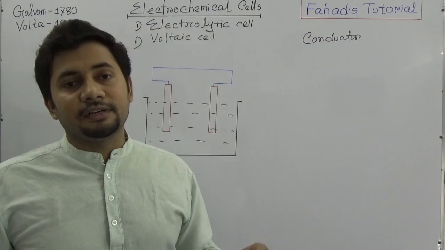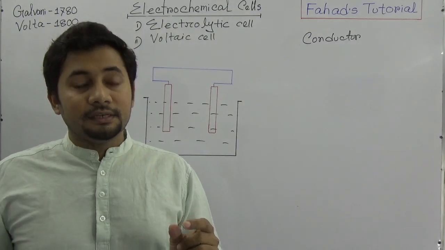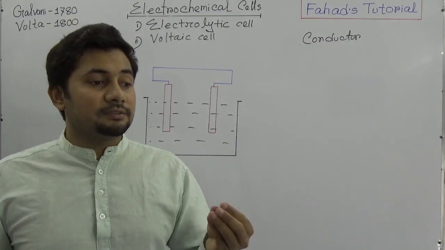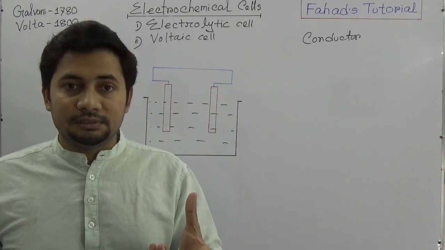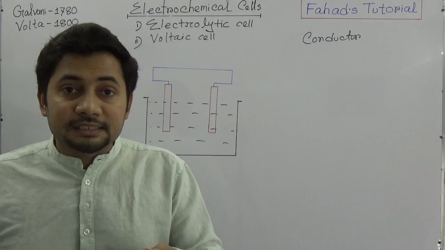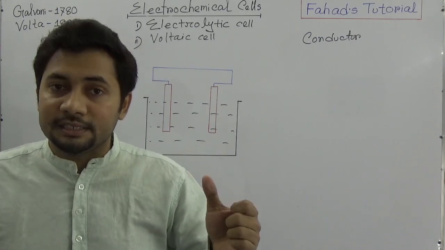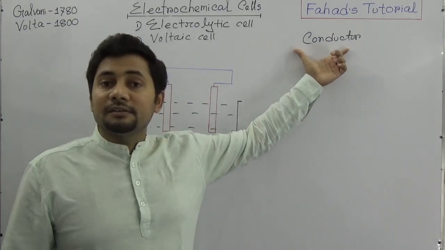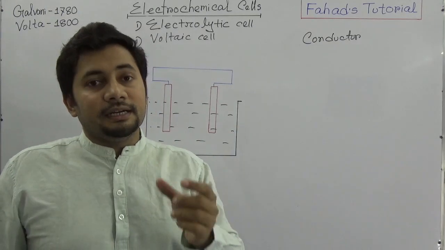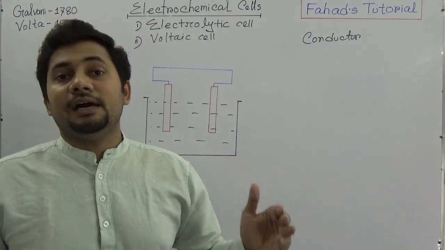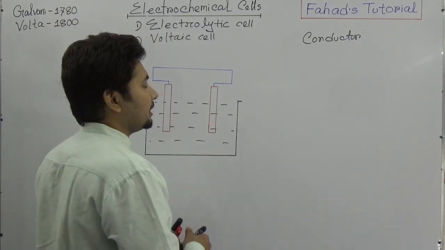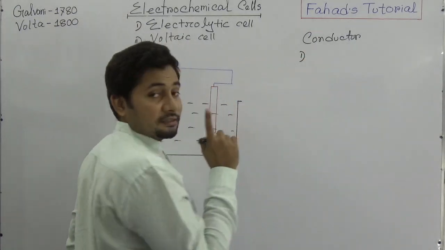And the opposite of conductor is insulator. Insulators are those that don't allow electricity to pass through, like wood, rubber, plastic. But conductors are those substances that allow electricity to pass through, and these conductors are of two types. Number one, electric conductor.